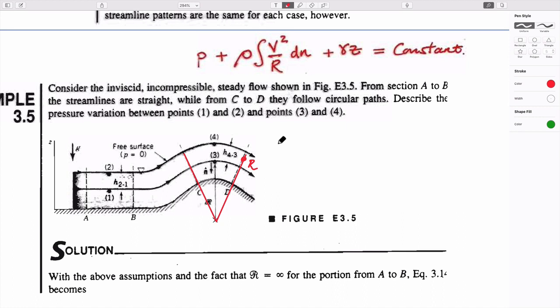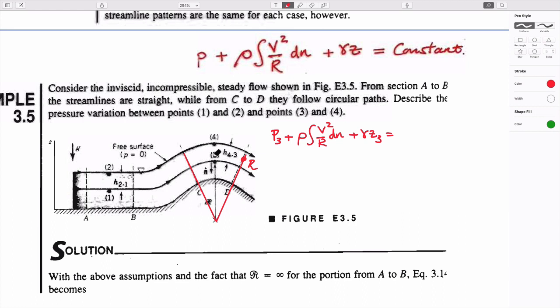And so now if we write this equation, we can do the same thing. We can write it as P3 plus density times this integral v squared over r dn plus unit weight z3.